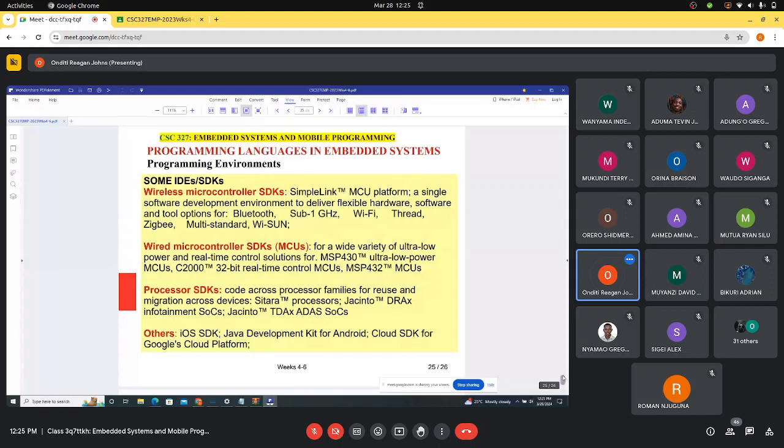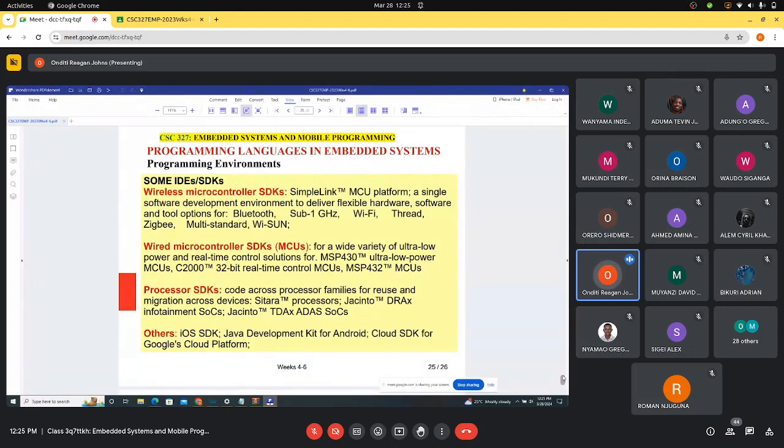So again, as I come down these sides, this is still where your programming skills would be measured. We have the IDEs and the SDKs. The wireless microcontrollers offer a single software development environment to deliver flexible hardware, software, and tools for Bluetooth, Zigbee, and multi-standard, so the Wi-Fi's and so on.